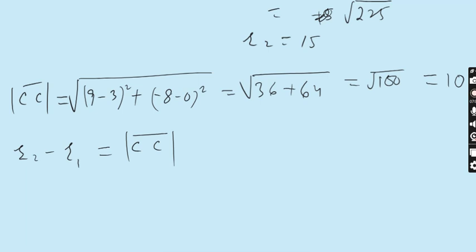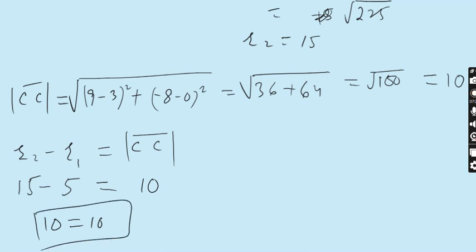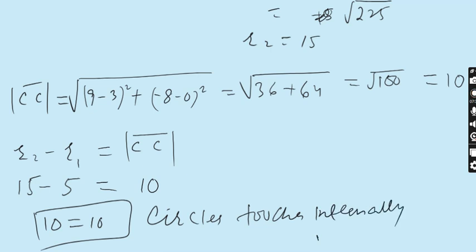R2 we have found 15, R1 we have found 5, the center distance we have found 10. 15 minus 5 is 10, which is equals to 10. Hence you can say the circles touch internally. Proved.